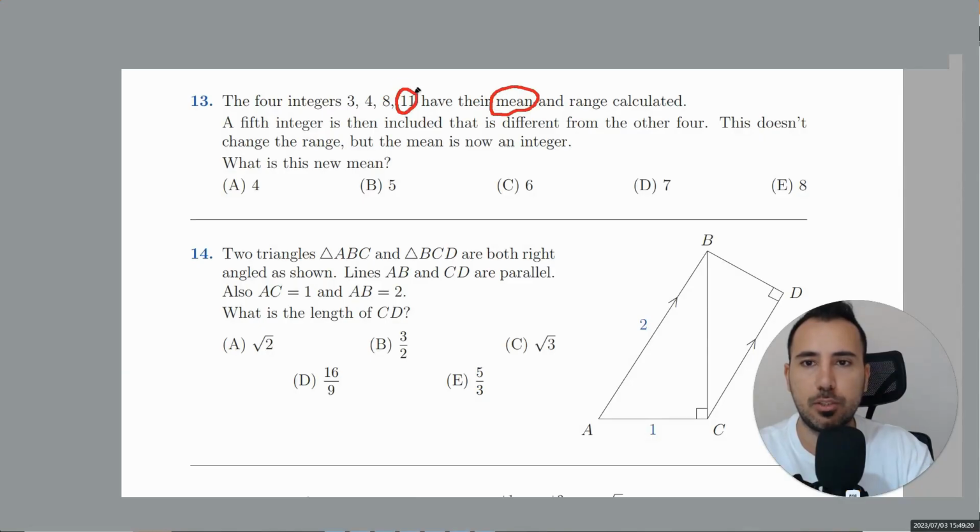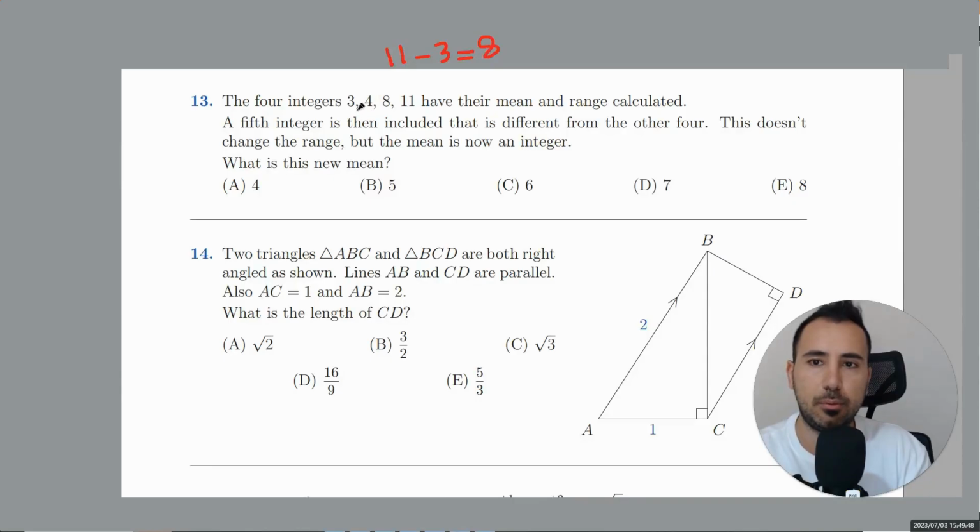Range is the biggest one minus the smallest one, 11 minus 3. The median is the number in between. Right now it doesn't exist, so the median would be 4 plus 8 divided by 2. Median is 6.